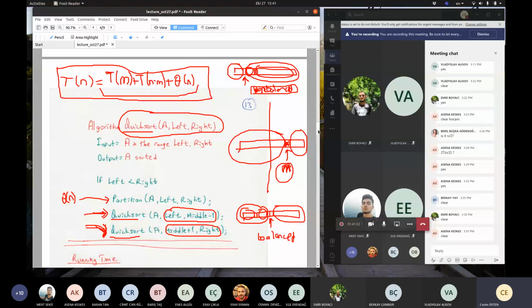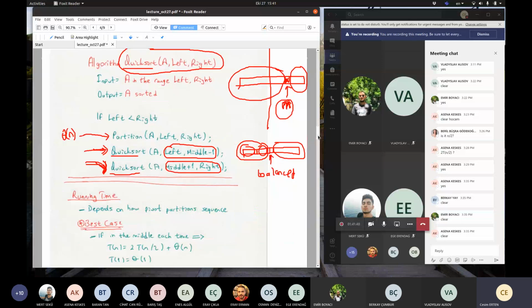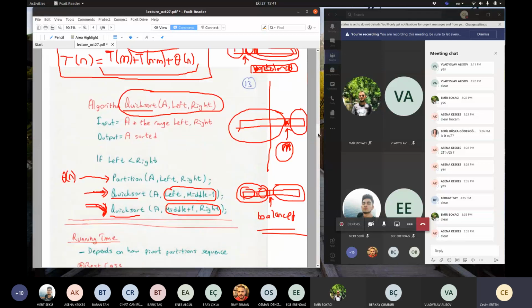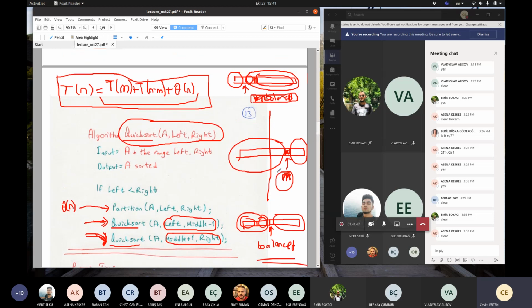Any ideas in terms of the running time that we have written down here? Do you think that balanced partitions are good for running time, or unbalanced partitions?